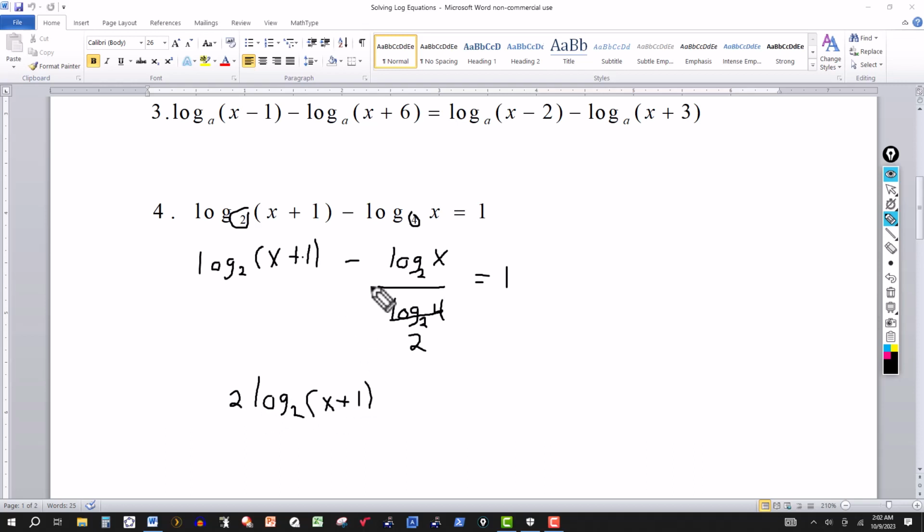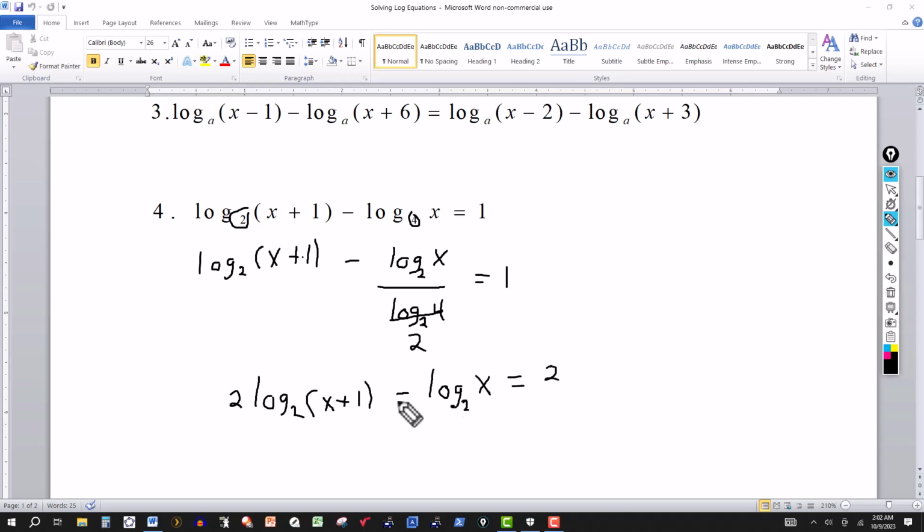And multiply by 2, well that's going to cancel this here. Just give me the numerator then. This will be minus log base 2 of x. And this denominator cancels because it was 2, and we multiply by 2. And multiplying the right side by 2, that gives me 1 times 2.